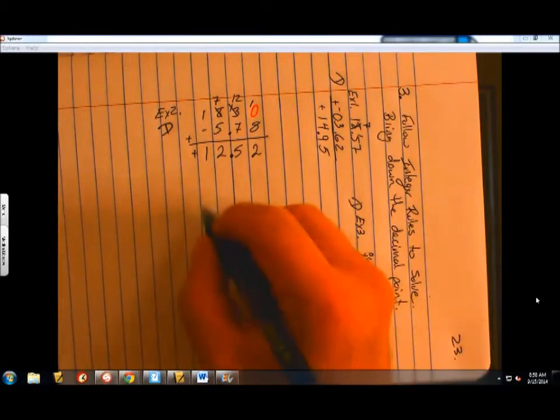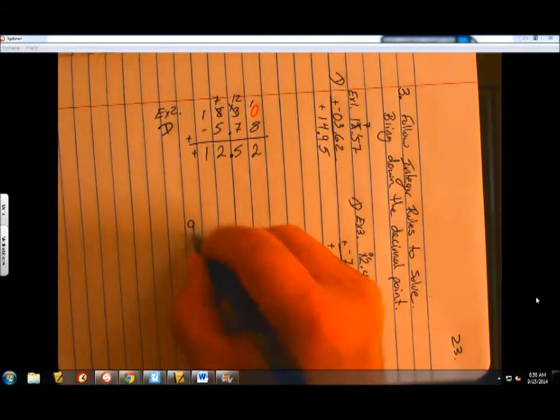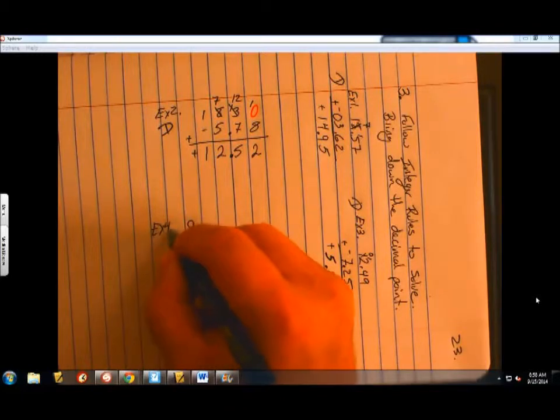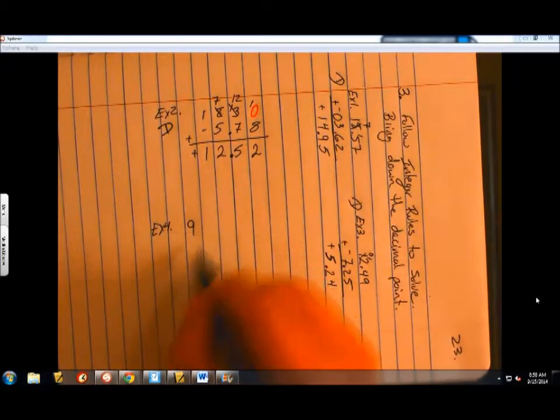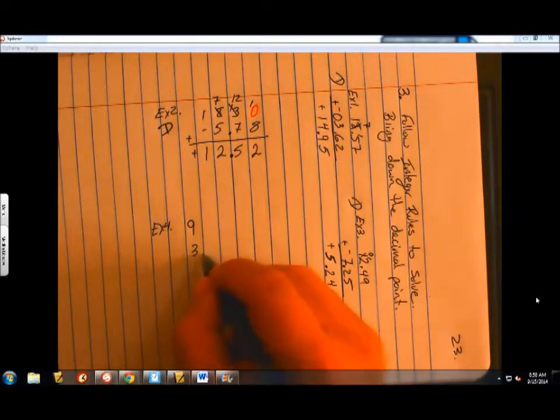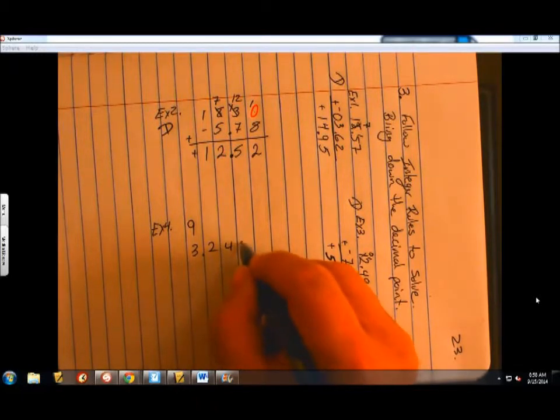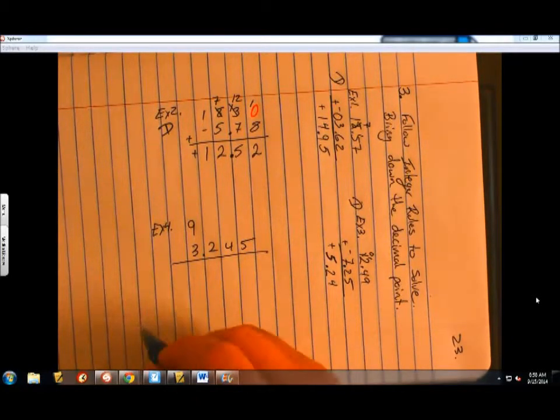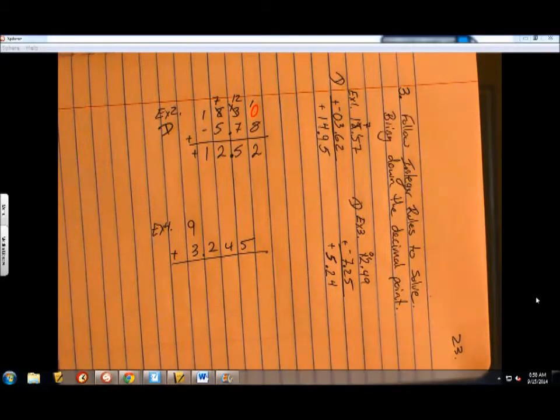Example number 4 is our 9. It's just a whole number, but again, we have that decimal point, so make sure you're paying attention to that. And our other number is 3 and 245 thousandths, and you're adding these numbers.